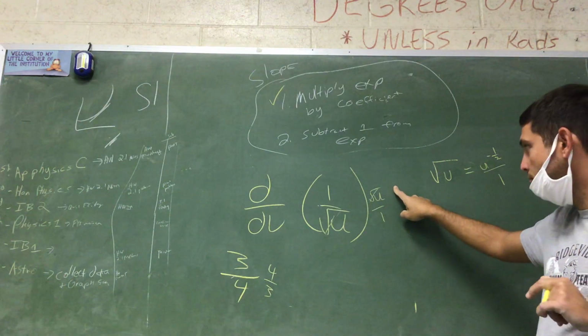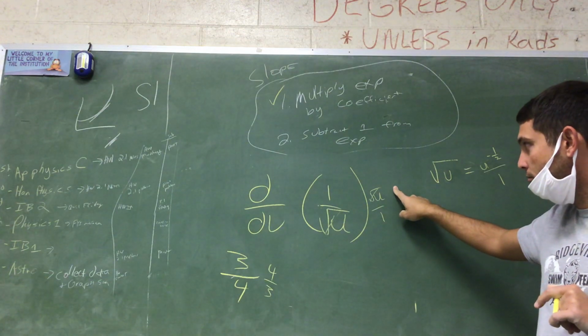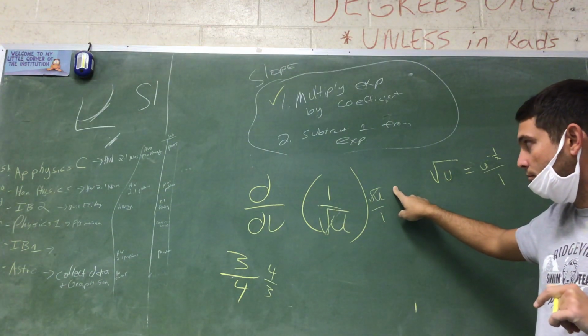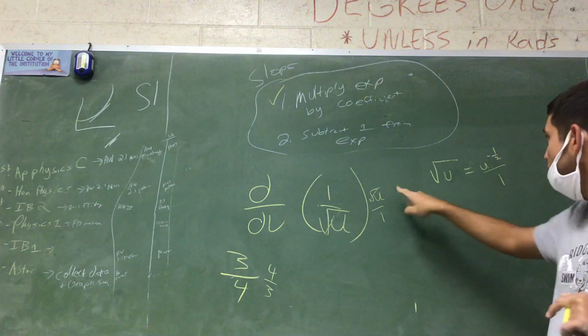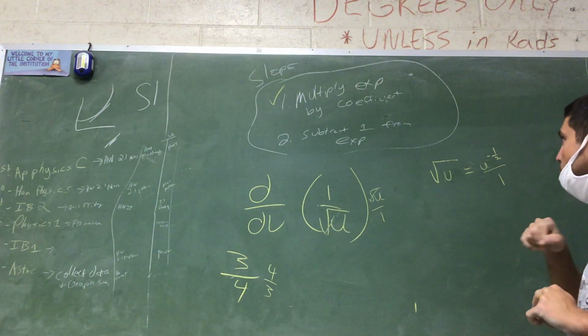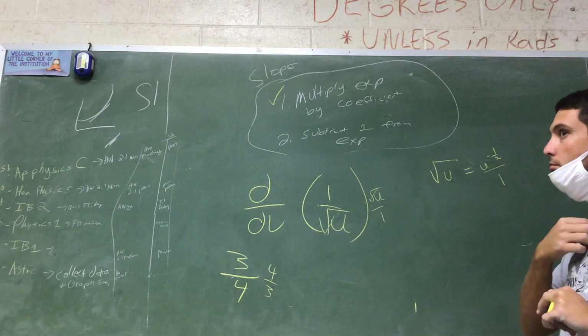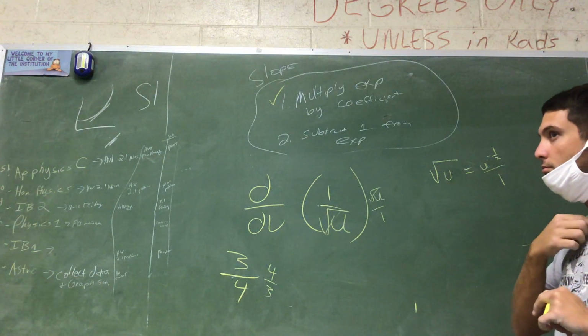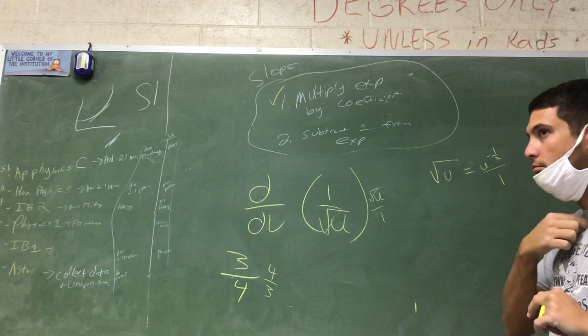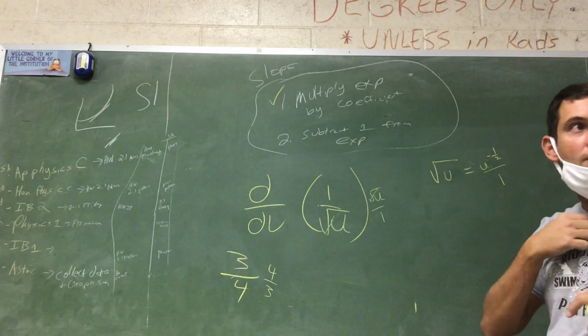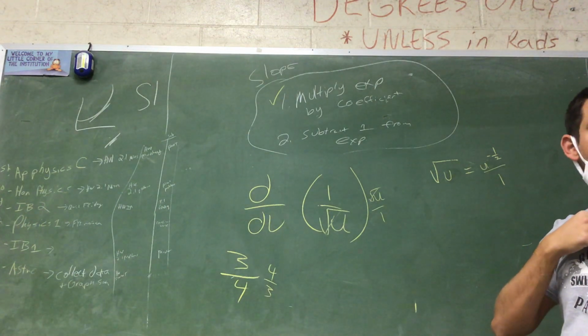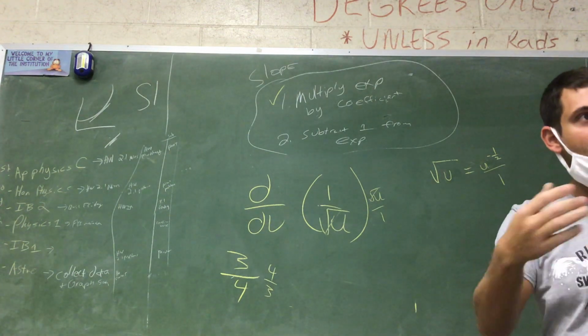Would that work? Then you would have to bring the bottom part up and make it a negative exponent, and then add the exponents of those two, and it would probably come out to the same thing, u to the negative. You can get there, but you're going to have to keep going.